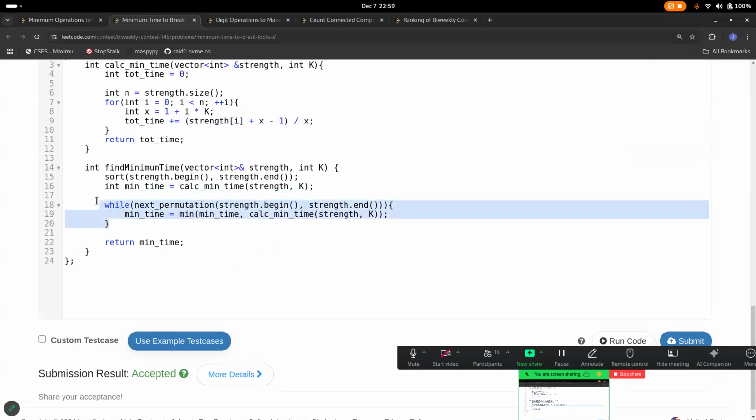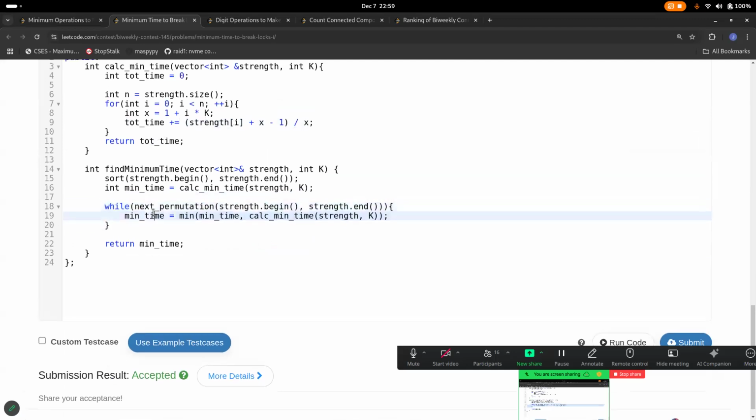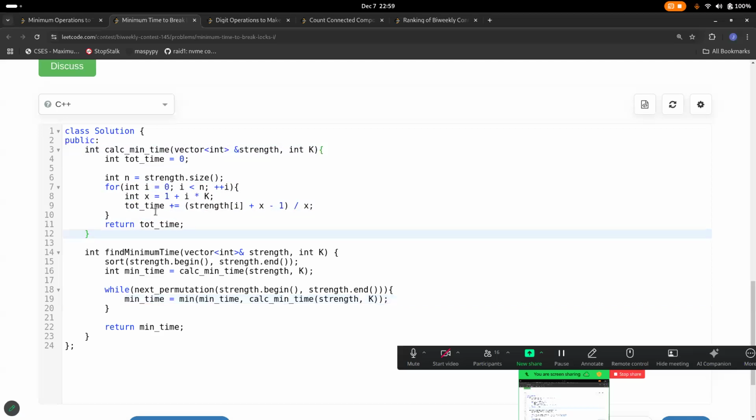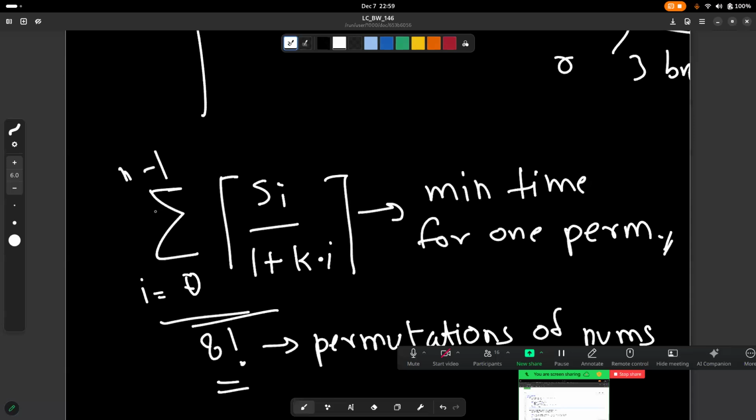So this loop will run around at most 5000 to 6000 times, and this function will run upon 8 elements. So your total number of operations will be bounded by around 10 raised to the power 5.